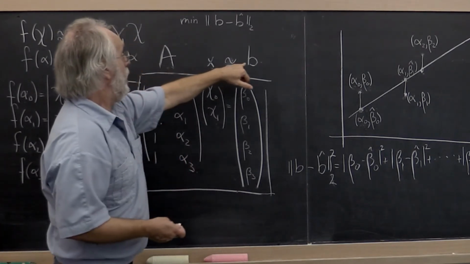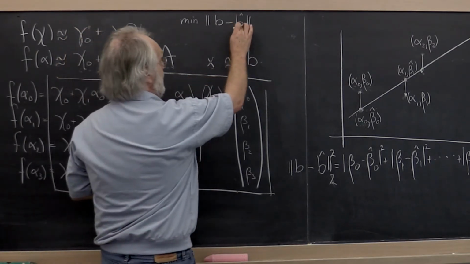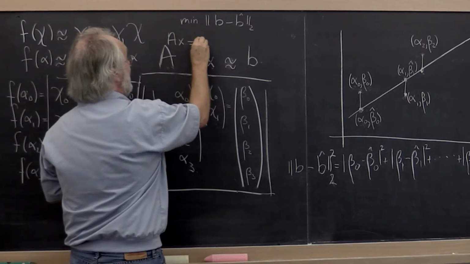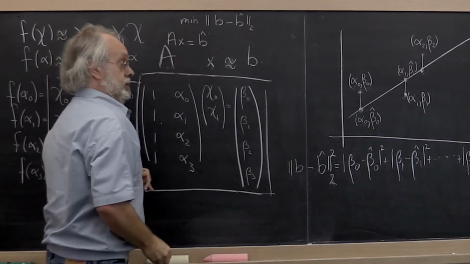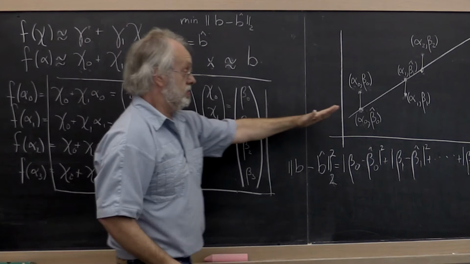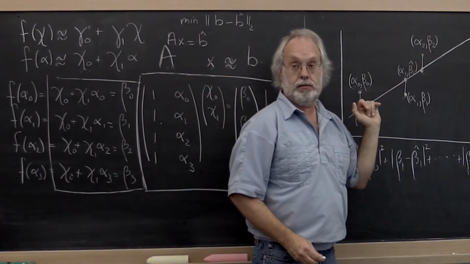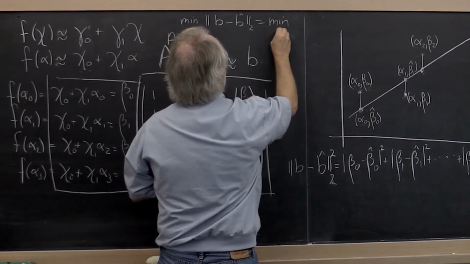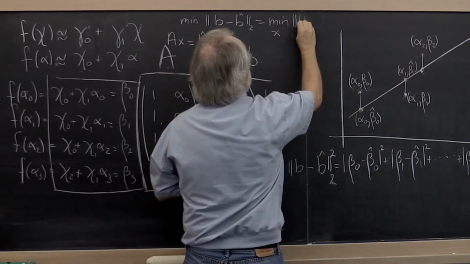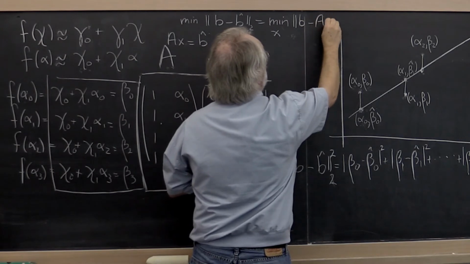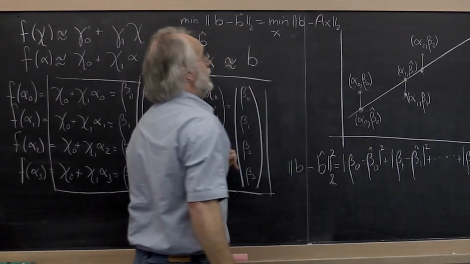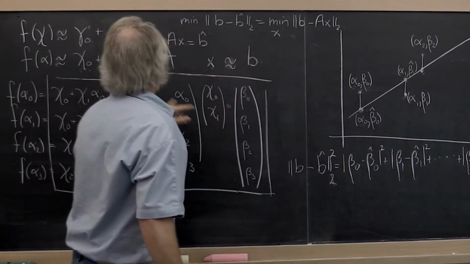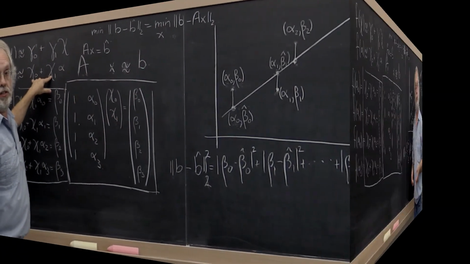If we then say, in this particular case, A times x is actually equal to b hat, because these points are actually on the line, then what you're really doing is minimizing over all x, b minus A times x in 2 norm. And you're trying to find the x that actually minimizes that, because you're interested in these coefficients.